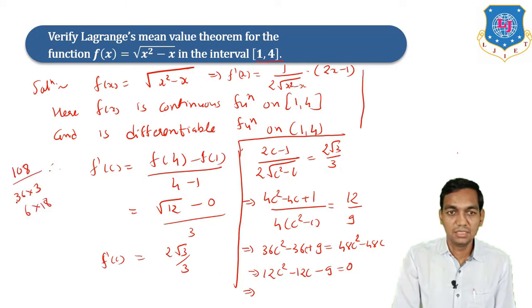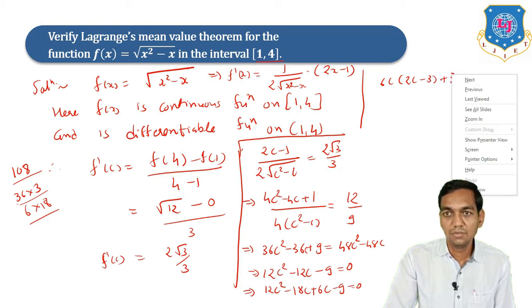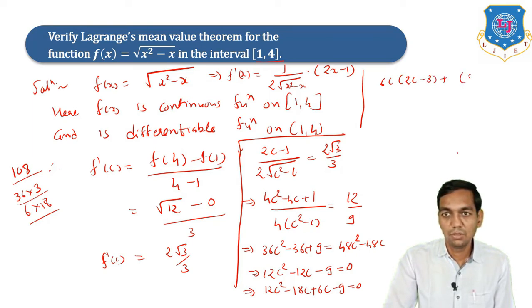So the factorization is 18 into 6. So we write 12c square minus 18c plus 6c minus 9 is equal to 0. So from the first two, 6c will be common out, and you will get 2c minus 3. Here 3 will be common out, and we have 2c minus 3 is equal to 0.